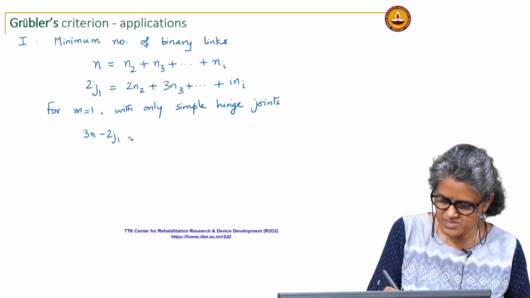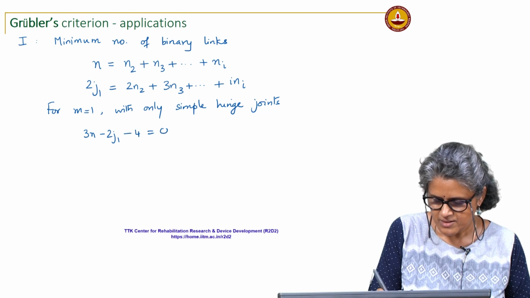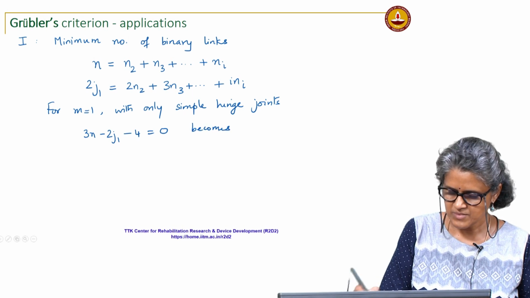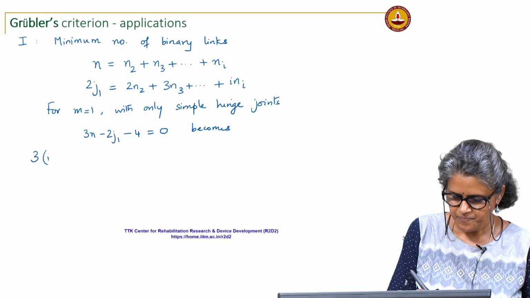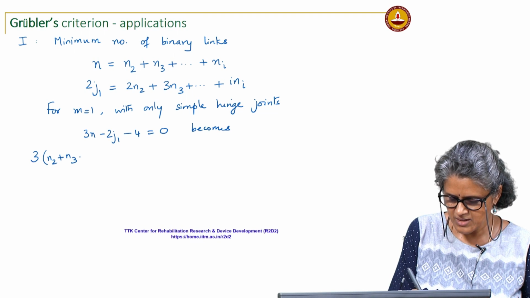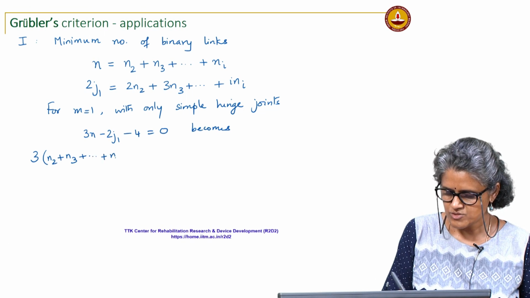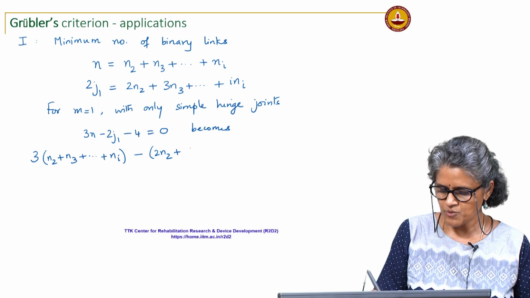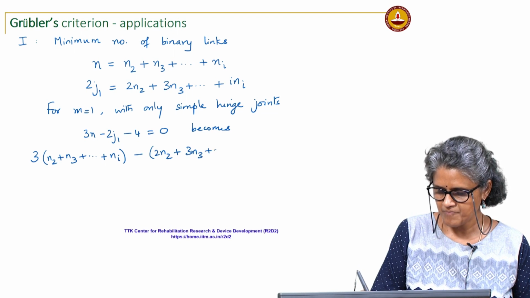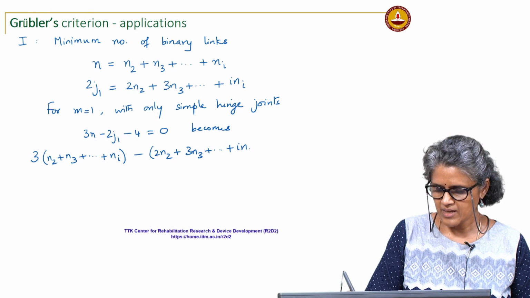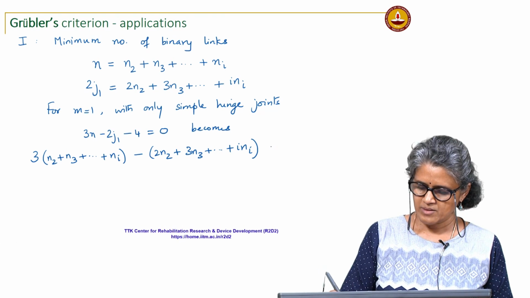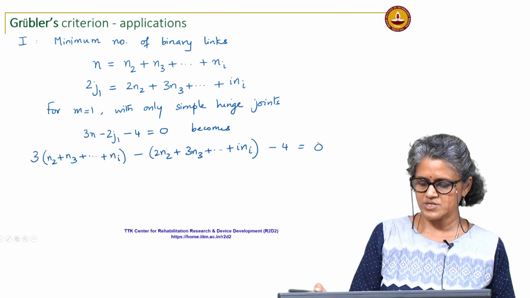That is my Grubler's criterion. It becomes 3 into (n2 plus n3 plus so on up to ni) minus (2n2 plus 3n3 plus so on up to ni) minus 4 equal to 0.